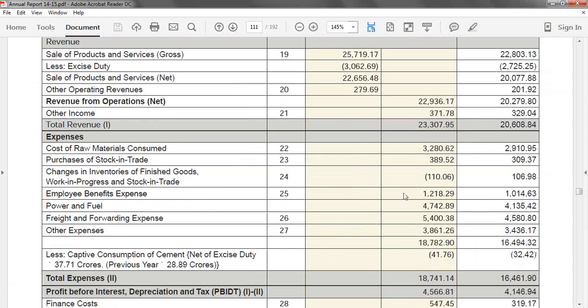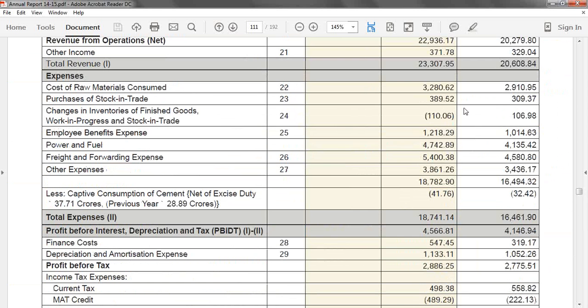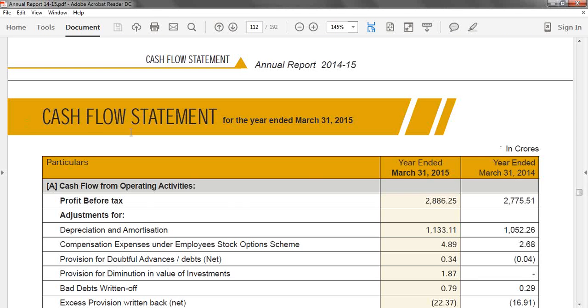So one of the ways of finding out whether or not there is some sort of interest capitalization is that your interest cost here accounted in the P&L is 547 and 319. Now, typically, while it is allowed under various accounting standards to report interest component as operating or financing expenses, usually it is put in under financing expenses, cash from financing activities.